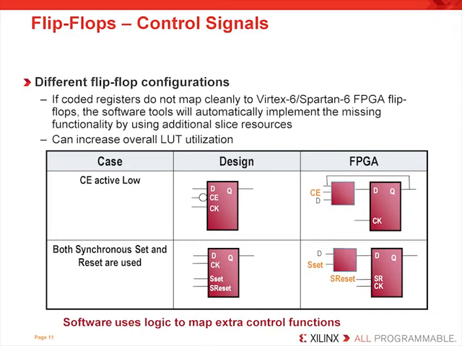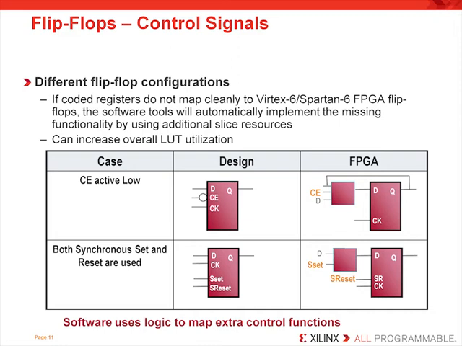Likewise, the lower example shows both synchronous set and reset signals being inferred. Since there is only one set reset port, one of the signals will have to be driven to a LUT input to get the desired behavior. In this case, the synchronous set was chosen to drive a LUT input. I would like to ask you another question that is not shown on the slide, and that question is, what if an asynchronous set was used in the lower example, rather than a synchronous set?